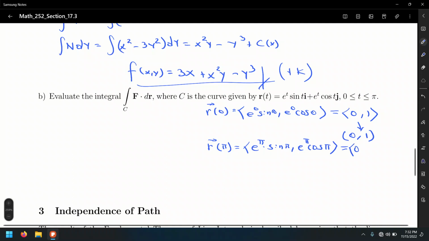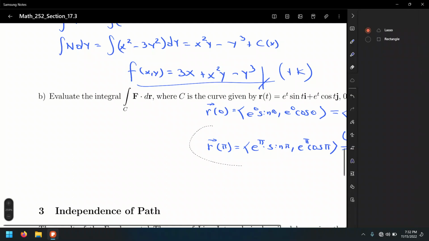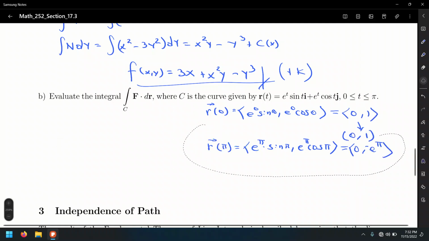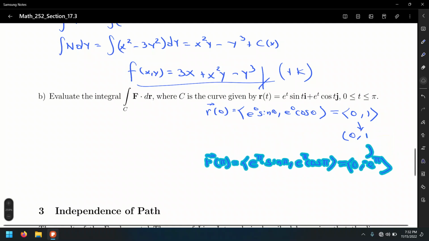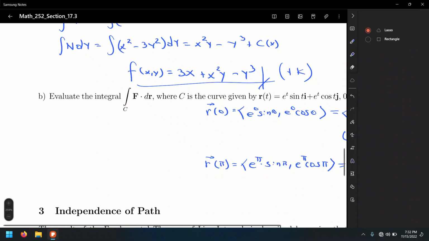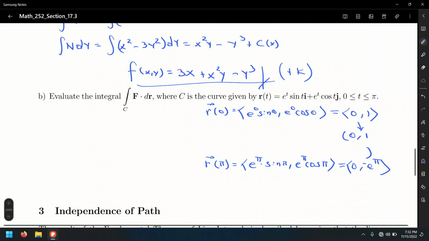Let's just leave it as negative e to the pi. And we turn that vector into an ordered pair for the same reason as we discussed before. So that turns into the point 0, negative e to the pi.